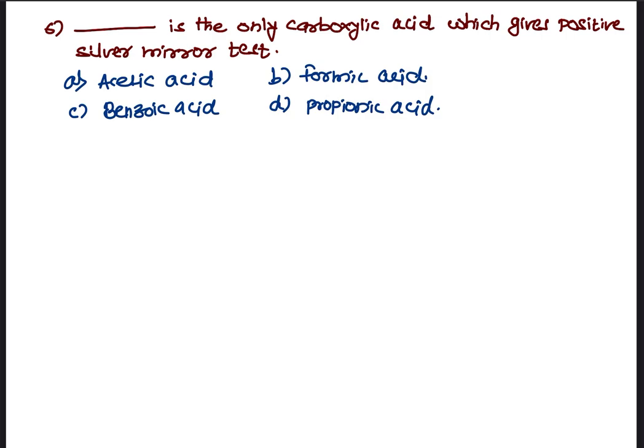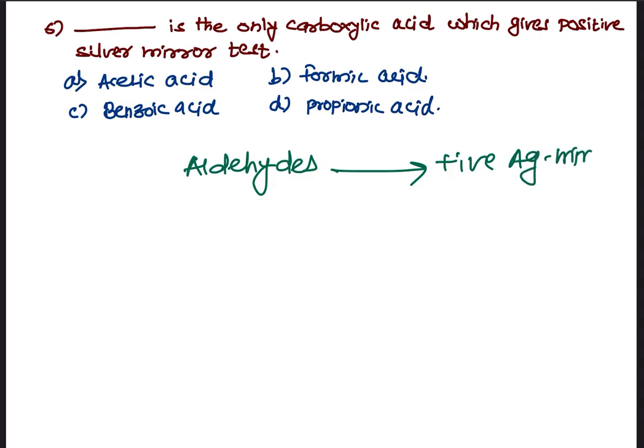Next, which is the only carboxylic acid which gives positive silver mirror test? We know that only aldehydes give a silver mirror test. This is a test of aldehydes. Aldehydes give a positive silver mirror test. Here options are all carboxylic acids: acetic acid, formic acid, benzoic acid, propionic acid.